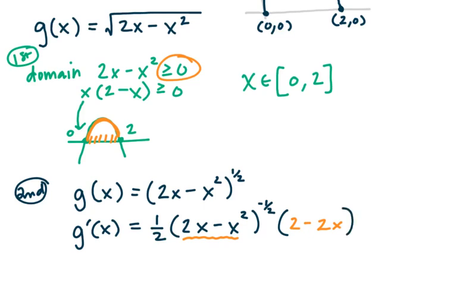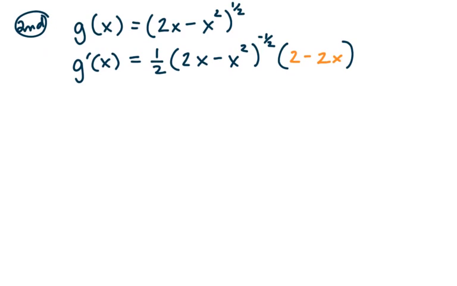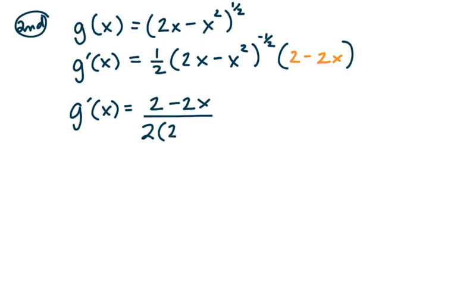So all of this represents my derivative. And I can clean that derivative notation up a little bit. g prime of x equals (2 minus 2x) over 2, and the negative 1/2 power can go to the denominator, so I've got 2x minus x squared, and all of that is going to be under a square root.